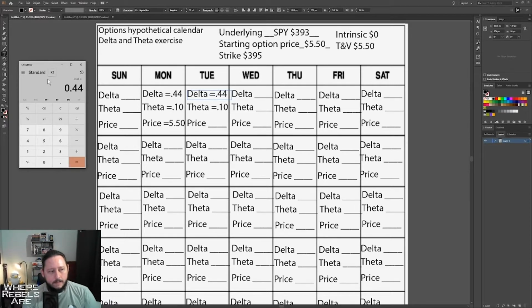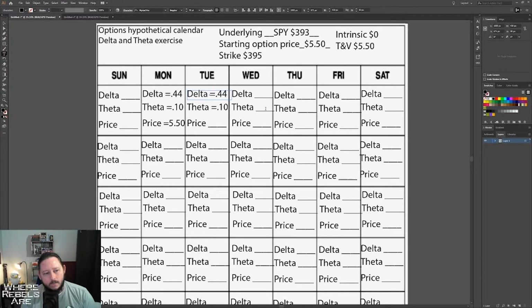So 0.44 times 5, because we're assuming a 5-point move in the stock, is $2.20. So 44 cents for a 5-point move up now represents 2.20. The theta, I lied, that's 1 day, still 10 cents, because this is based on the day, not on the price move.